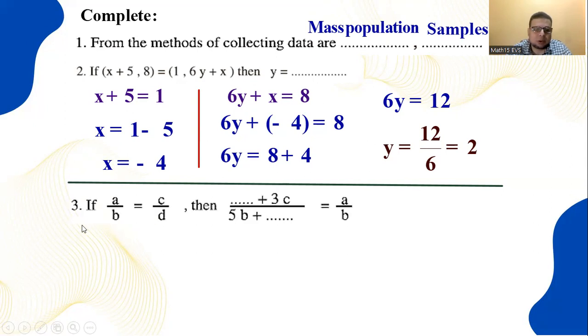Question 3. If a over b equals c over d, ratio equals ratio, a proportion. I need 5a plus 3c over 5b plus 3d to equal a over b, one of the given ratios. So the sum of the antecedents over the sum of the consequents equals one of the given ratios.